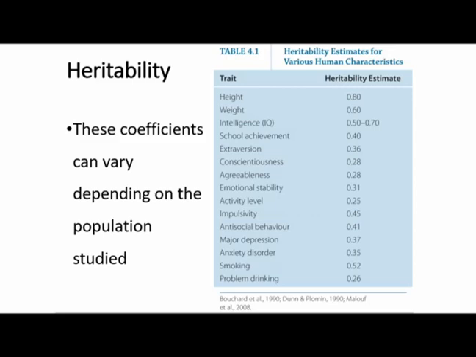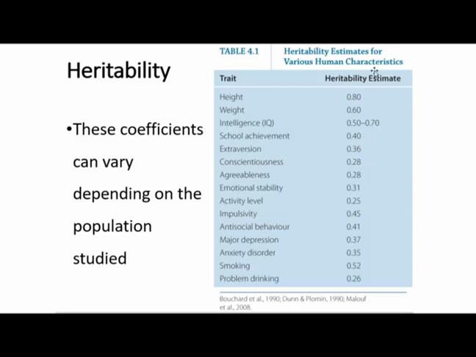Now, these heritability coefficients have been measured in a bunch of different populations, which is why you can actually see that a couple of them, including just IQ, I guess, is listed here as having a range of heritability estimates. And that's just because they've been looked at in multiple populations, and sometimes some of these different traits have pretty widely varying heritability coefficients. And that's again just because when we're measuring these within populations, those values can change.